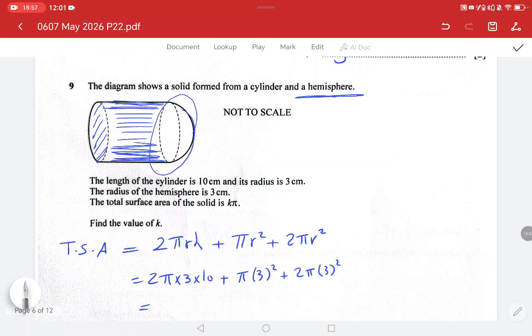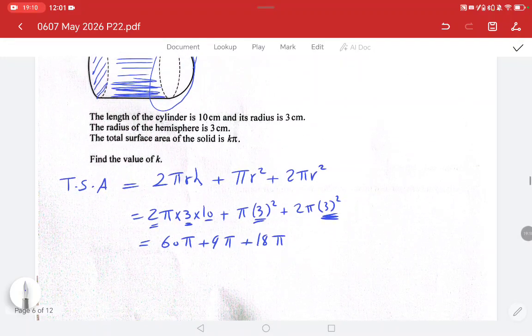So this one is 2 times 3, 6 times 10, 60 pi, plus 9 pi, plus 9 times 2, which is 18 pi. We add all of these numbers, so it will be 87 pi. So the total surface area is 87 pi.